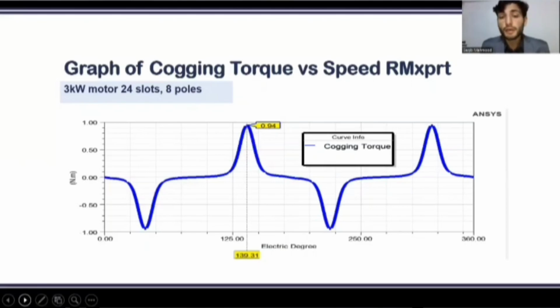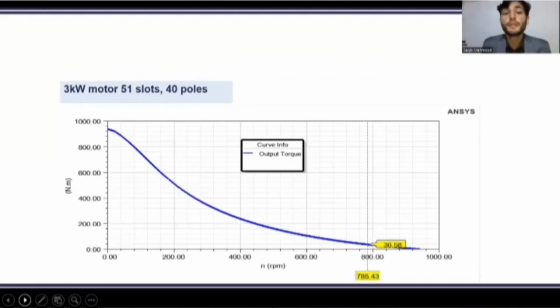This torque opposes the produced torque in the motor and eventually affects the net torque of the motor. 0.94 or 1 Newton meter of cogging torque was produced in this model. So we tried to minimize it in the other model. Let's see what is the result in the other model.